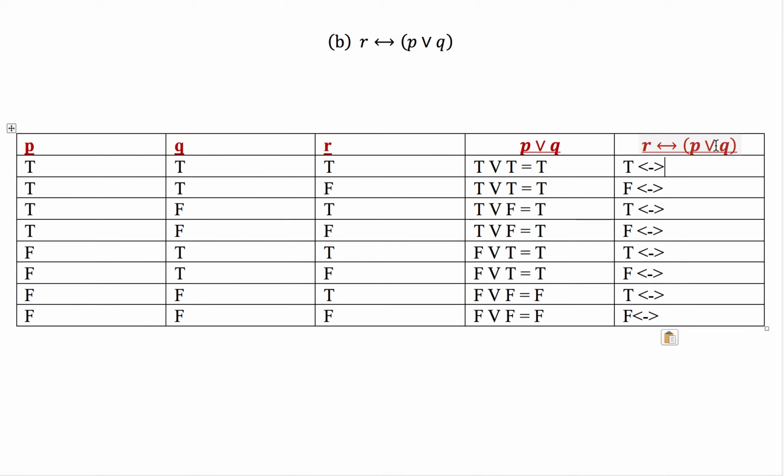Okay, and then I'm going to do the P or Q. So that is coming from the answers in that column. It's just copying it over there. So the first 6 are true. And the last 2 are false. Okay, and then we are going to work this part out.